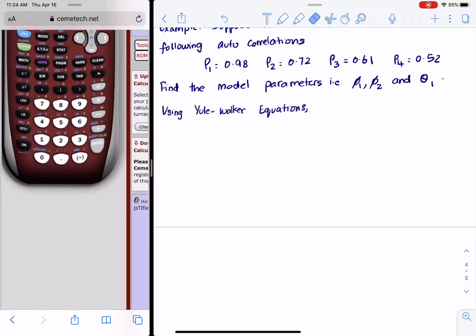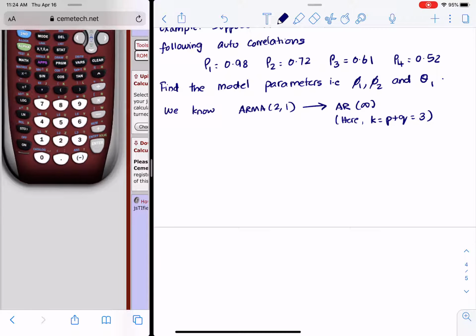But before we get to the Yule-Walker part, we know the ARMA 2-1 can be converted to ARMA infinity, and here we're going to stop at order k equals p plus q, which would be 3.